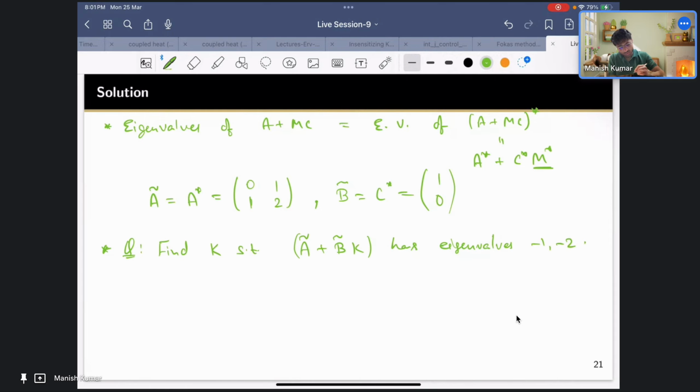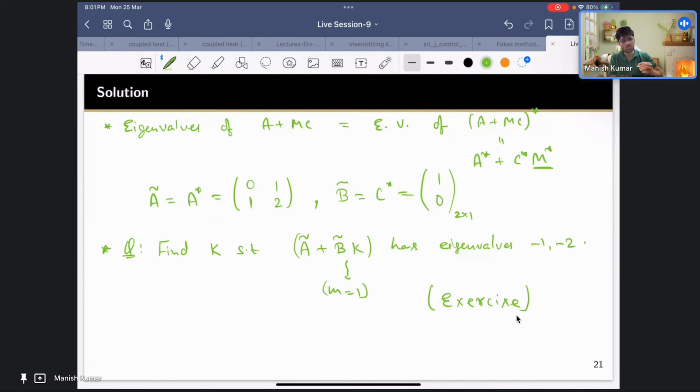And you note here that for this B tilde, this is the case when M is equal to 1, right? This is a 2 cross 1 matrix. So now you can follow the first problem. This kind of problem we already did for some other matrices, so you can do it by yourself. This is an exercise.